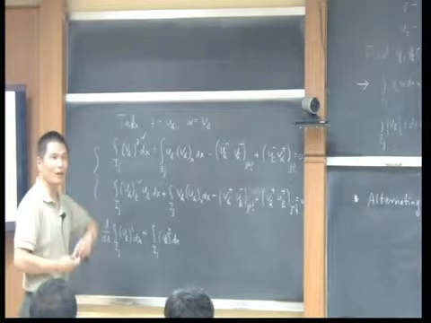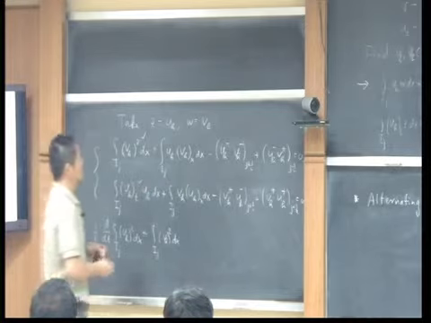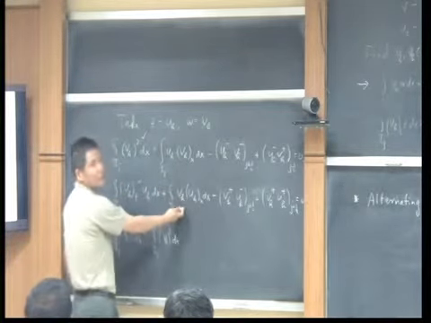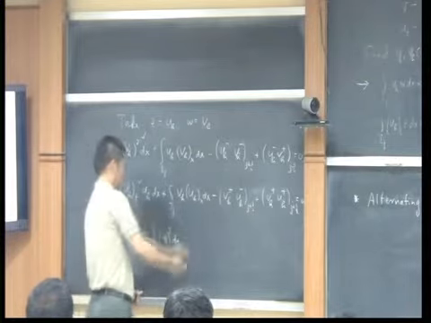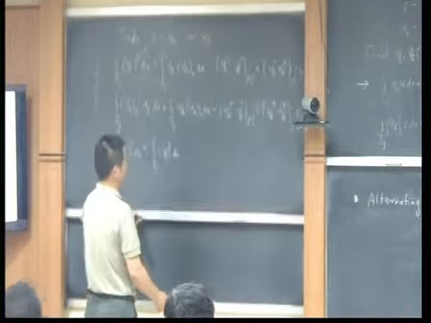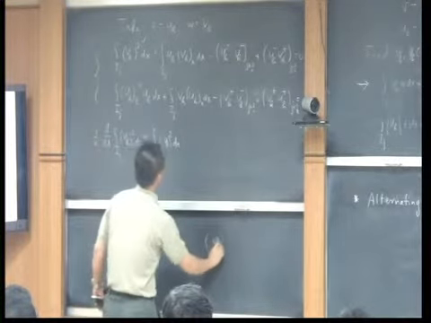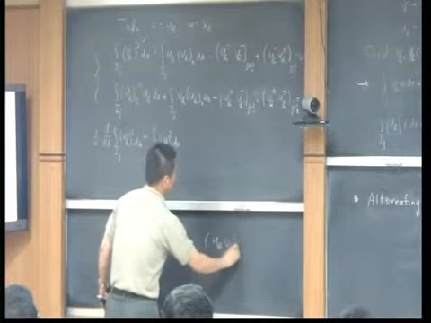So let's work out all the other terms. First of all, if you sum these two guys, you would get a perfect derivative, u_h v_h,x.